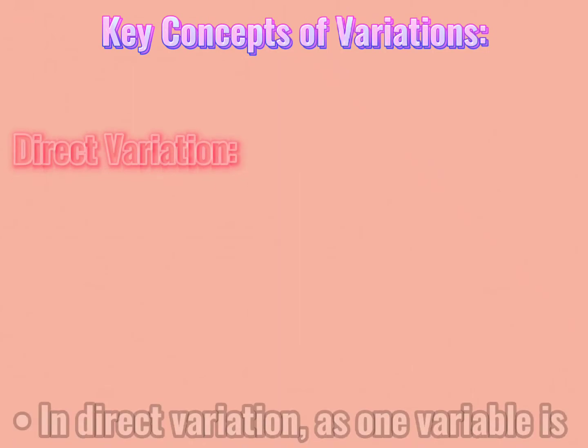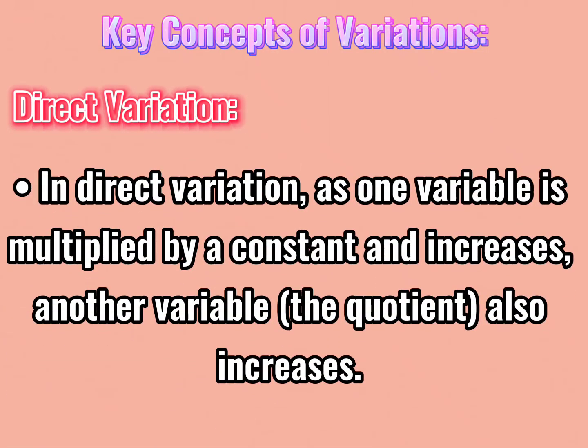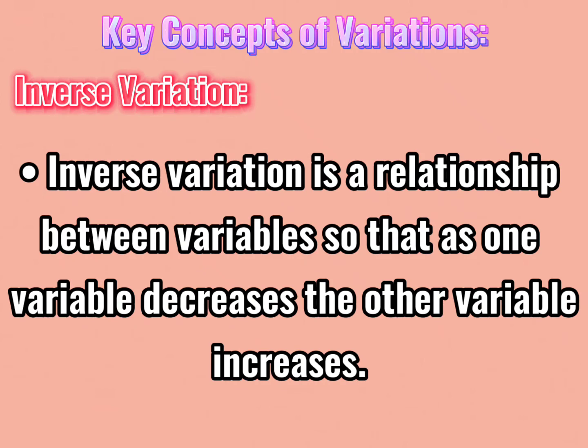Key concepts of variations. Direct variation. As one variable is multiplied by a constant and increases, another variable or the quotient also increases. Inverse variation. Inverse variation is a relationship between variables so that as one variable decreases, the other variable increases.